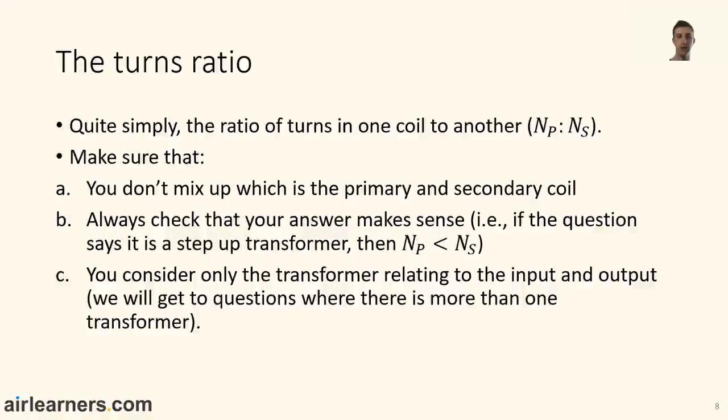You only look at transformers relating to the input and output. We don't have to really worry about what's going on in between, but you'll get to questions where there are more than one transformer. So only consider one in isolation and then move on to the next one if you are given two in a question.